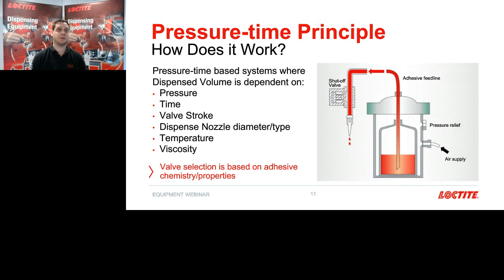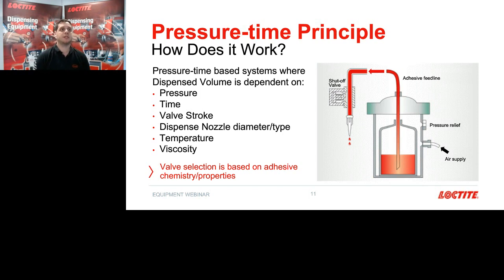You simply take the lid off the bottle and place that directly into a reservoir. What you then have is a product tube which goes through the reservoir into the body of the adhesive. The other end of that product tube is then connected to a dispense valve. Now what you do is you apply air pressure into that reservoir. What that does is it pushes the adhesive out of the bottle, up through the product tube to your dispense valve.